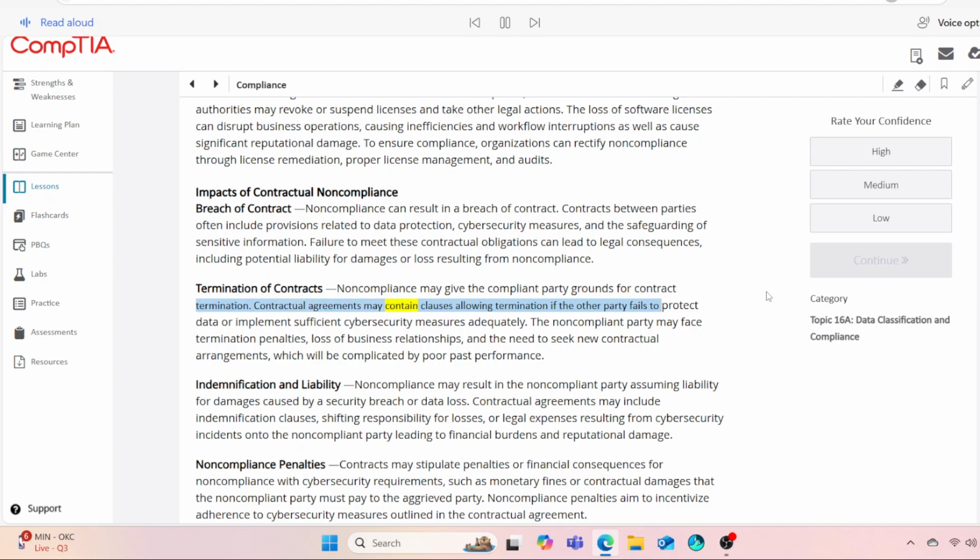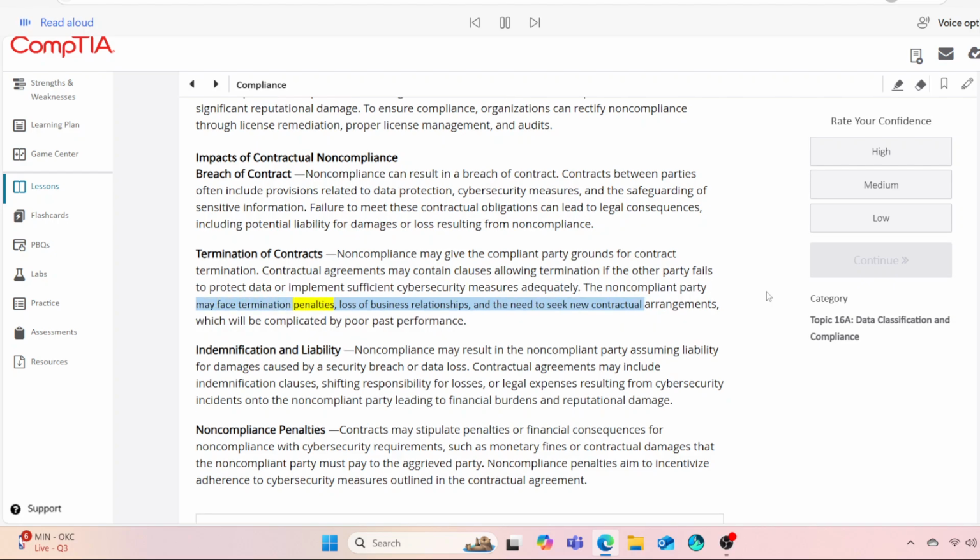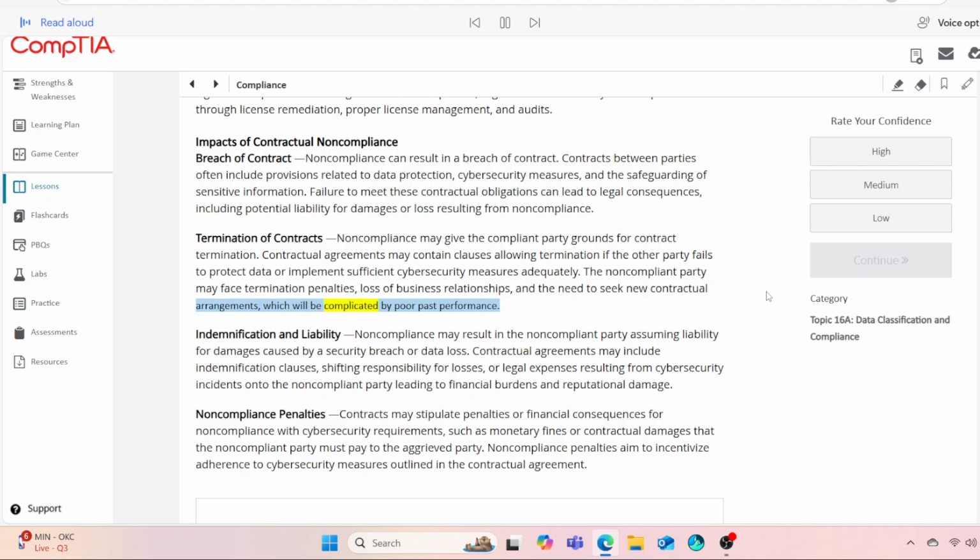Contractual agreements may contain clauses allowing termination if the other party fails to protect data or implement sufficient cybersecurity measures adequately. The noncompliant party may face termination penalties, loss of business relationships, and the need to seek new contractual arrangements, which will be complicated by poor past performance.